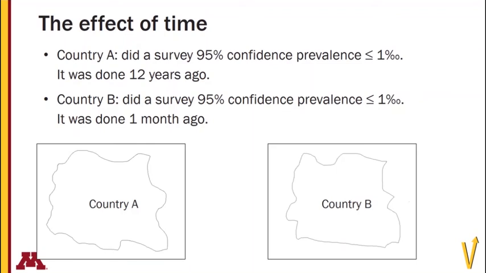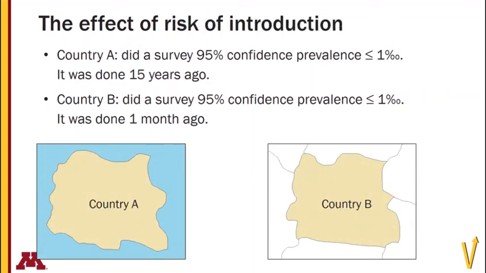But let's see more details about these countries. Country A is an island in the middle of the Pacific Ocean, and their nearest neighbor is 1,000 kilometers away. And this country has a very effective control system in their ports and their airports.